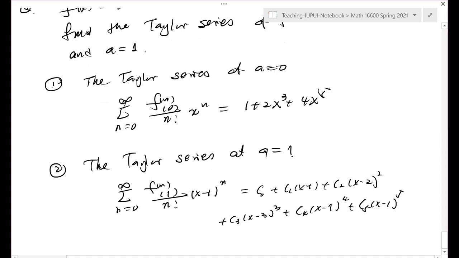So those are the terms, and no more high orders. You cannot get x to the 6th power or 7th power, because the function itself is a polynomial of degree 5.